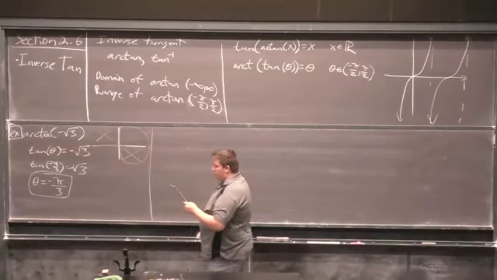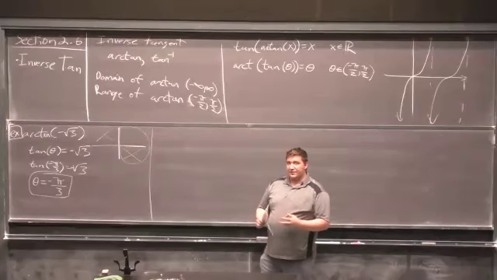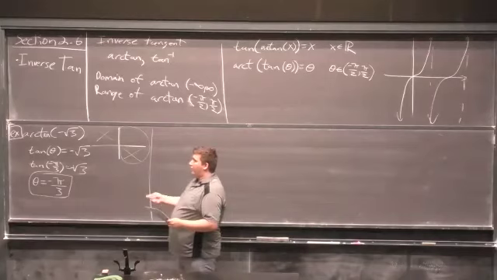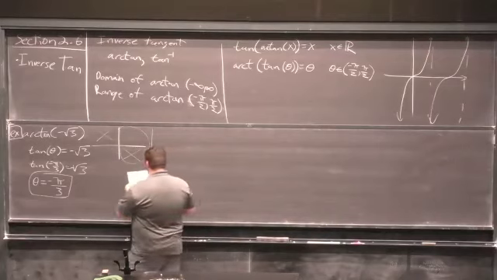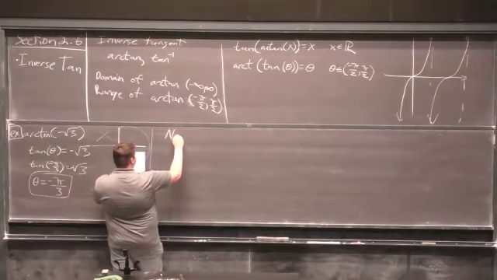So much like when we have a negative theta inside of a trig function, we can have a negative inside of an arctangent or an inverse trig function. And we have some properties. We have the negative formulas.